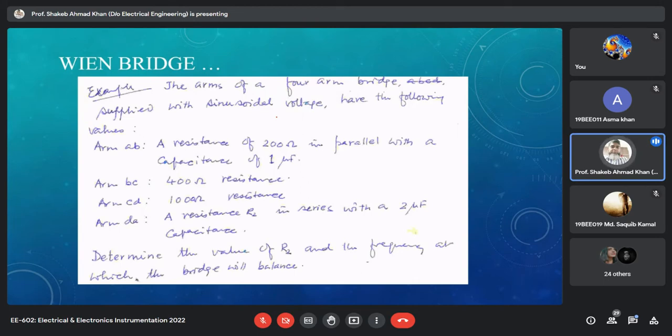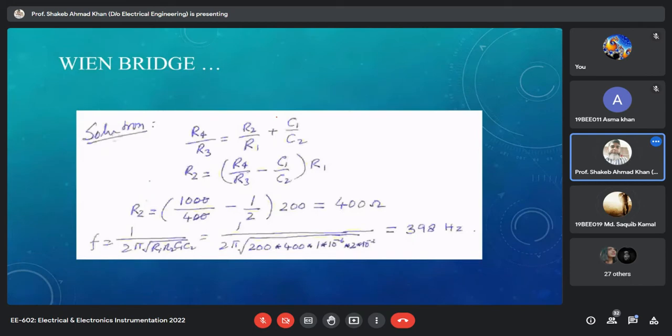In this case, you can see that your C1 is not equal to C2, and R1 is not equal to R2. So obviously the expanded formula you will use. Approximately 4 kilohertz.